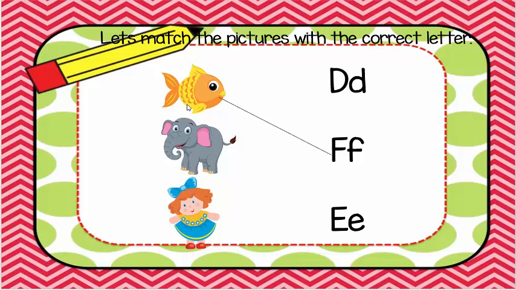The next one is elephant. Elephant begins with the letter E. Can you see the letter E? Yes, there it is. And the last one is doll. Doll begins with the letter D. There it is. Well done. So we have fish, elephant and doll.